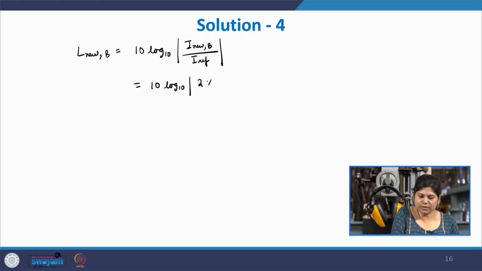This is twice the intensity due to the old traffic at building B, divided by I reference.